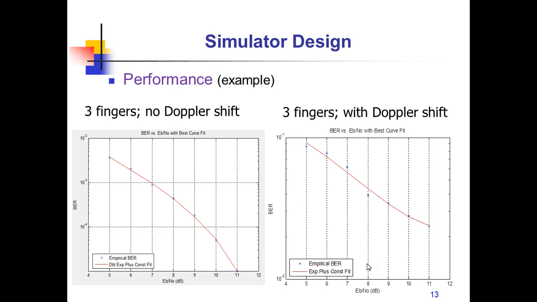Moreover, the curve is more like a linear line. When the SNR is larger than 10 dB, the BER is still larger than 10 to the -2. However, in the first plot, when the SNR is larger than 10 dB, the BER drops below 10 to the -4. Later, I will demonstrate the performance of the receiver in which fewer fingers are used.